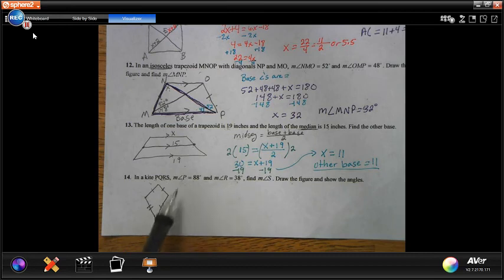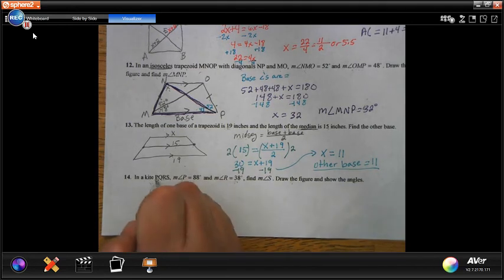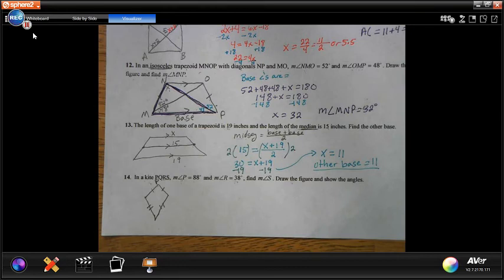Okay? Since they're not equal, one of them is the angle that's in between the congruent sides. The other one is the other angle that's between the congruent sides. So that Q and S would be the two equal angles.